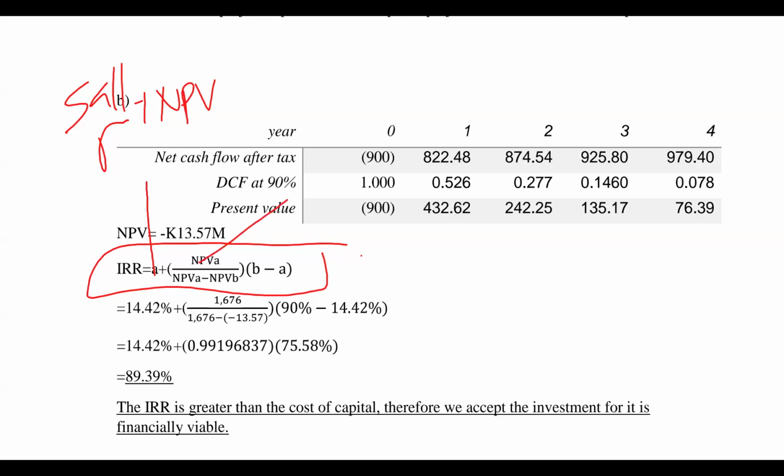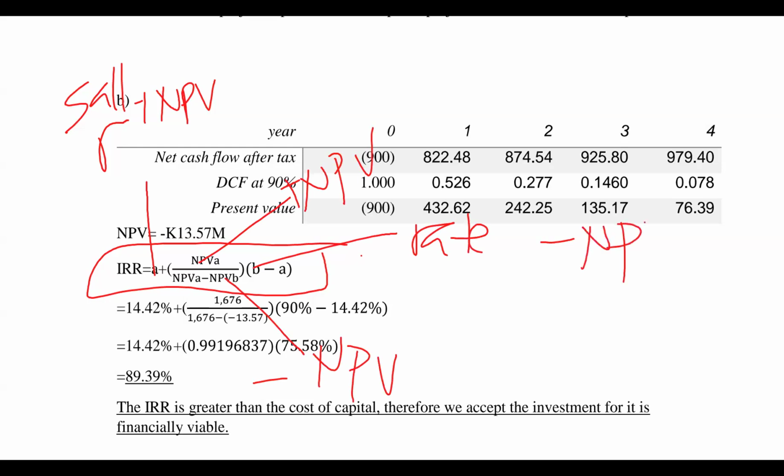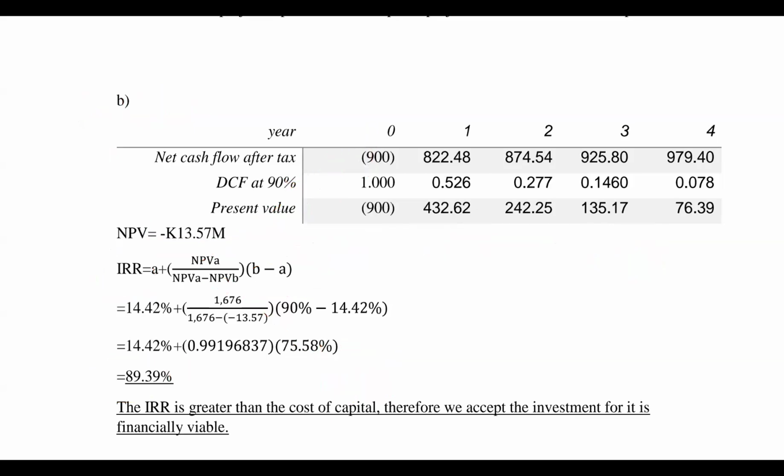Then this is the positive NPV, the actual amount. Then this one is the negative NPV. Then B is the rate that gives the negative NPV. That's the definition. If you can get those four elements, you plug them into this formula properly, then you will have the rate. Now this rate is your IRR.